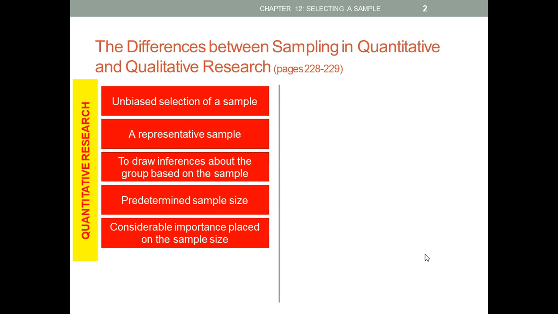In particular, if the characteristics such as income, attitude, or age of the respondents are so diverse, a smaller sample size can be risky and can lead to inaccurate research results. So a bigger sample size is a better option.